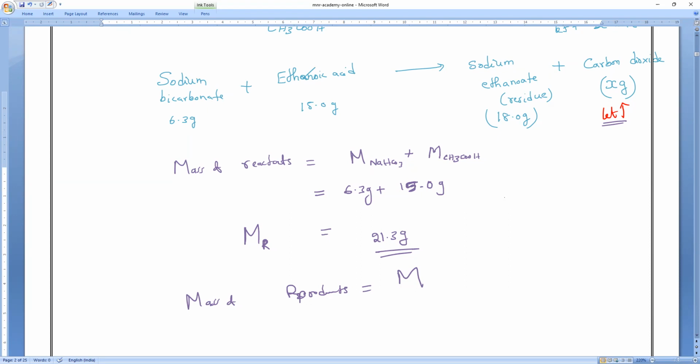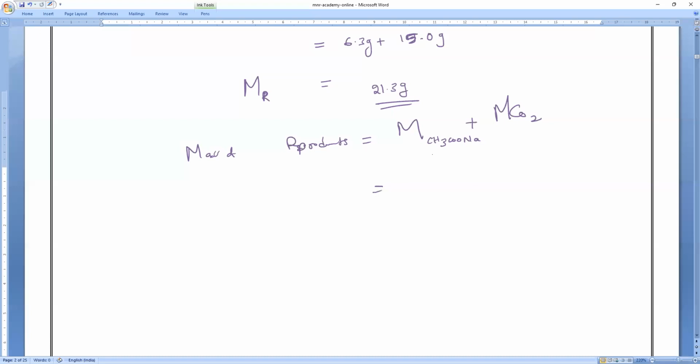So let us take the formula, CH3COONa, sodium ethanoate, plus we are going to get carbon dioxide. So this one is how much, guys? 18 plus mass of carbon dioxide, x grams. We don't know. So this is the mass of products.